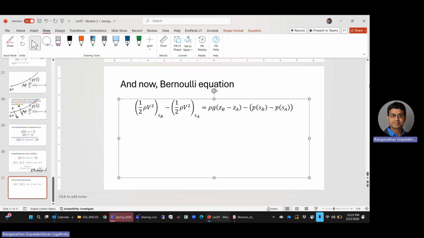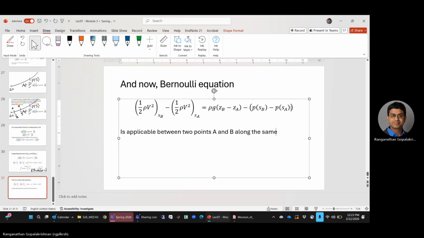So this equation, as we did so far, is applicable between 2 points A and B along the same streamline, or I should just say in plain English, along a streamline.